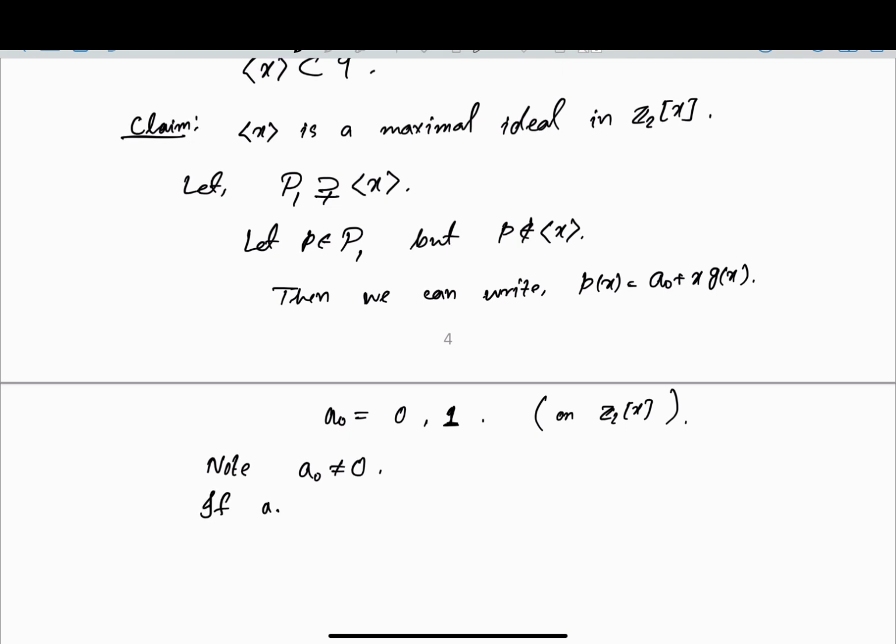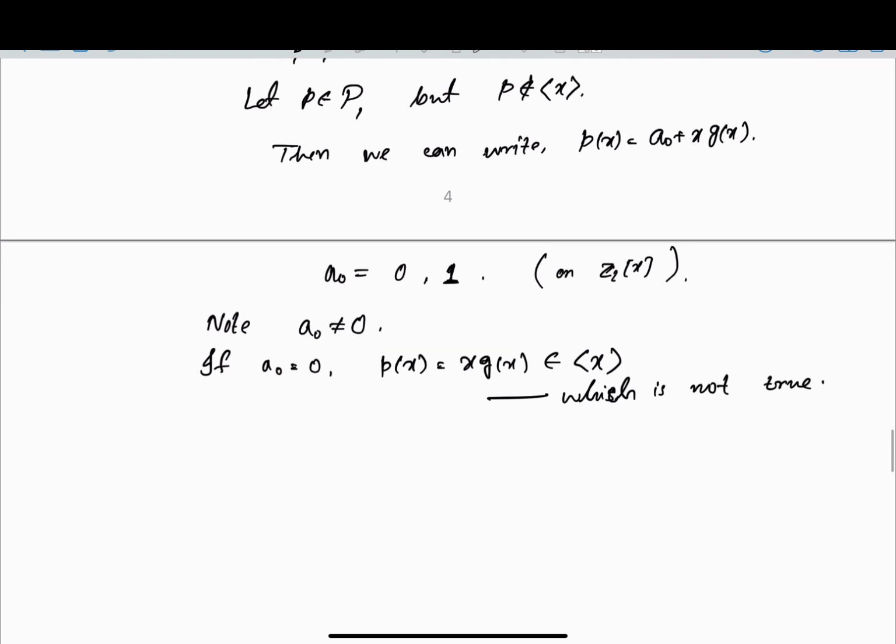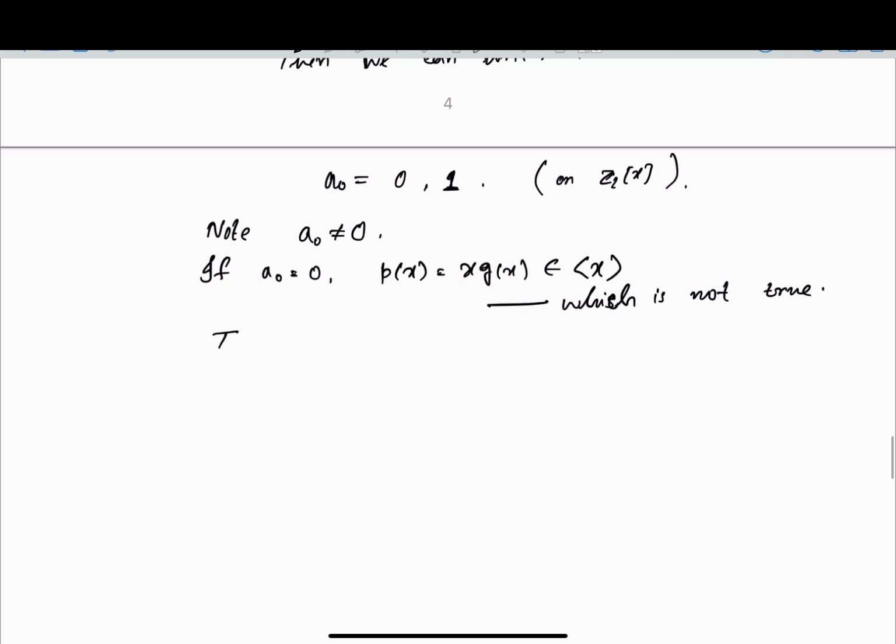If a naught equals 0, then p(x) will be x times g(x), which implies it belongs to the ideal of x, which is not true. Therefore a naught should be 1.